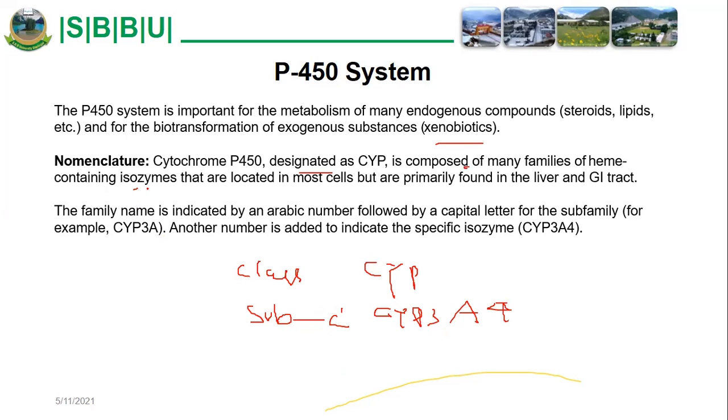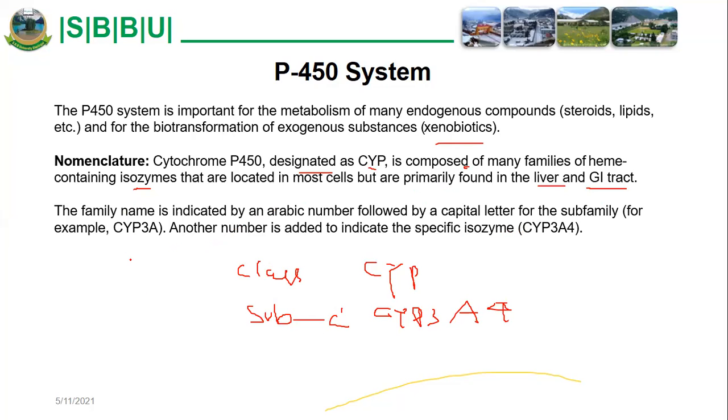You can also term them isozymes, and they are composed of many families of heme-containing isozymes that are mostly found in the liver and GIT tract. Remember, they are found in the majority in these areas. As I mentioned, CYP is the class.